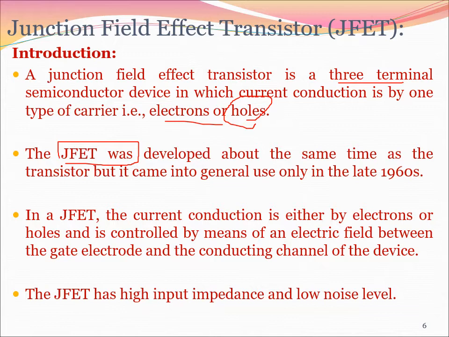However, it came into the limelight of engineers and scientists quite late, in the 1960s. In a junction field effect transistor, the conduction of current is either by electrons or holes, and it is controlled by the electric field. That's quite a generic statement for FET. Its input is reverse biased to operate this device, so its input impedance is quite high, and another thing is it's a low noise device.